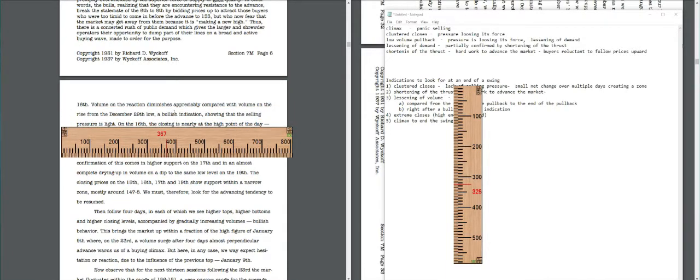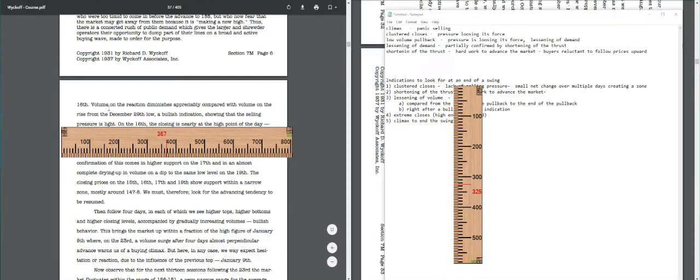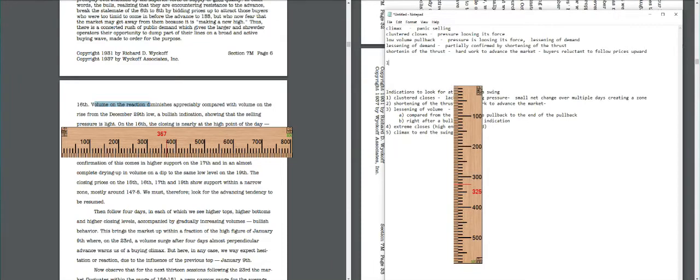Alright, so now he's looking at the pullback, and I'll review this in a minute. Here is, look, volume on the reaction diminishes compared with volume on the rise. Basically the rally has more volume than the pullback. So here you have the low volume pullback.